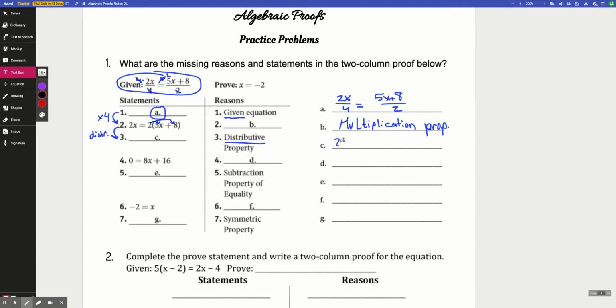So I have 2x on the left side of the equal sign, that stays the same, equals 5x times 2 is 10x, and then plus 2 times 8 is 16. Okay, so that's the statement for step 3 and for number C right there. Okay, so now I'm going to go ahead and write that in right here just so I can see it a little bit easier.